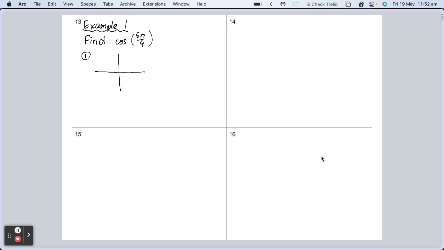I'll draw a different colour so we've got it. Okay, so that is pi on 4. This is 5 pi on 4. Are we okay with that? It's kind of the hardest bit.